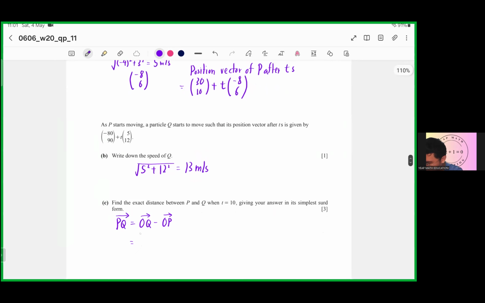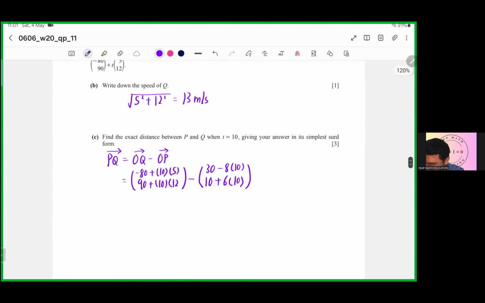Okay, okay, -18 plus this I put 10, 5 bracket 19 plus 10, 12 minus 13 minus 8, and then here is 10 plus 6, 10. Okay, now we find each value.